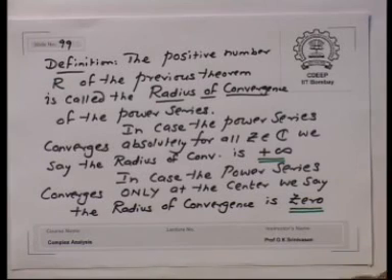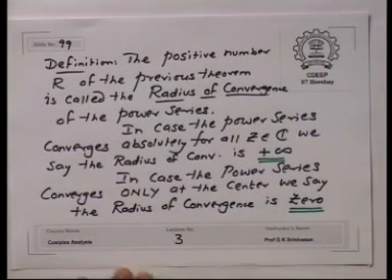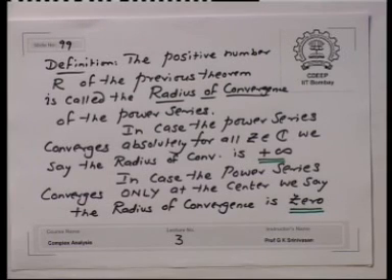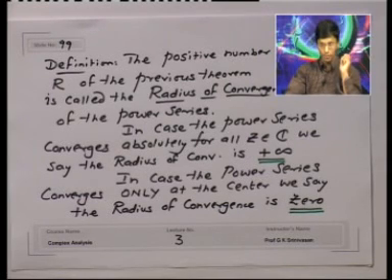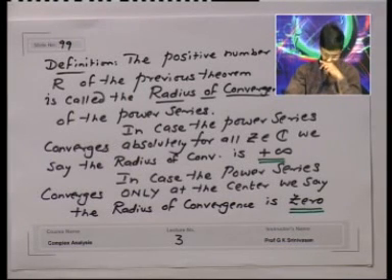The last slide of today's lecture, this is lecture number 3. The positive number R of the previous theorem is called the radius of convergence of the power series. We just saw that there is a largest open disk on which the power series converges. The radius of this disk is called the radius of convergence of the power series.